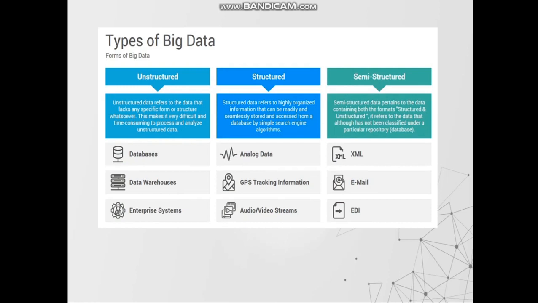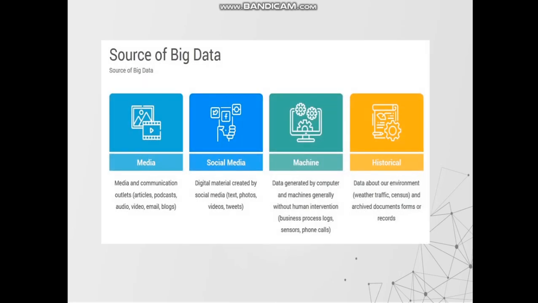Semi-structured data pertains to data containing both formats, structured and unstructured. It refers to data that, although it has not been classified under a particular repository or database, is the XML, email, and EDI.